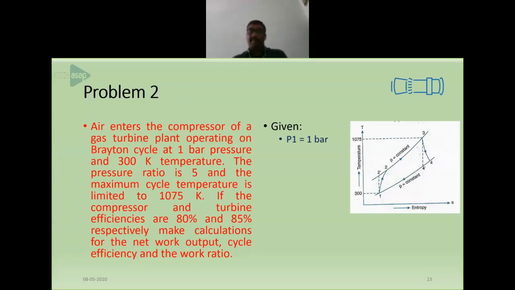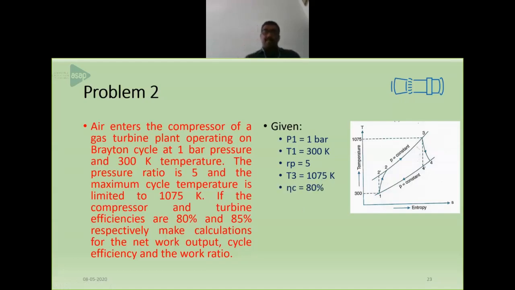So what are the things given? Here P1 is given as 1 bar. T1 is given as 300 Kelvin. That is also shown here. Now you are having the pressure ratio as 5, RP is equal to 5. The maximum cycle temperature, T3, is 1075 Kelvin.